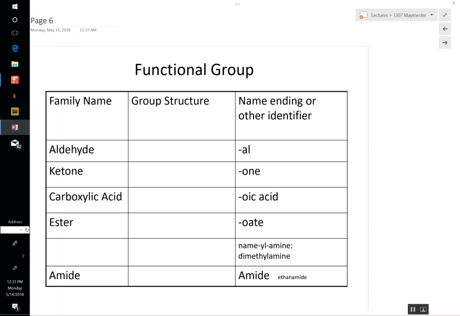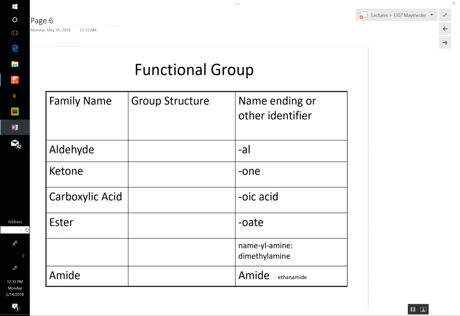All right, now chapter 15. So far in chapters 10 and 11, it's carbon and hydrogen almost exclusively. In 12, 13, and 14, we introduce oxygens, and oxygens give a lot of variety in organic molecules.